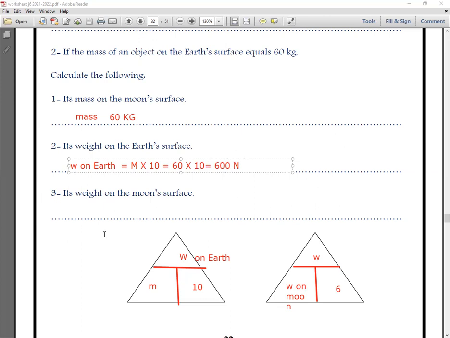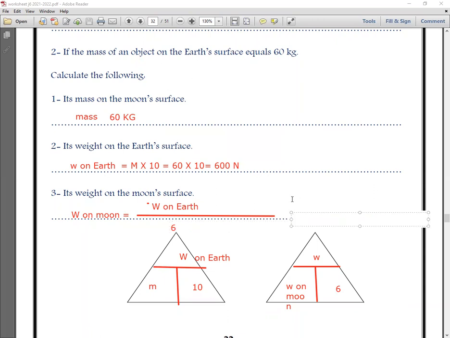Number 3, find the weight on the moon's surface. So you must write the rule. Weight on moon equals weight on Earth divided by 6.